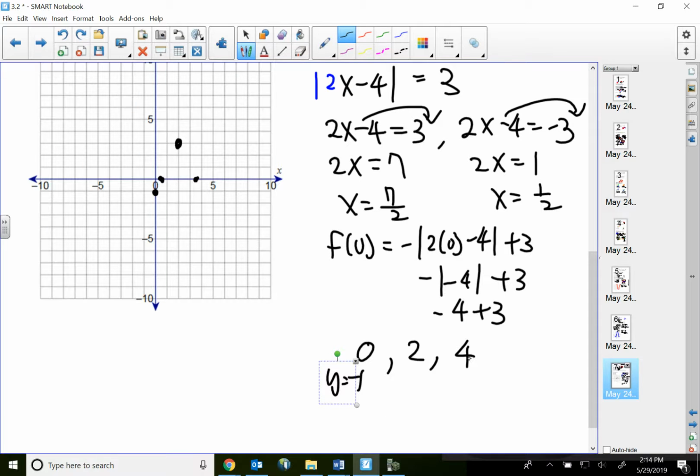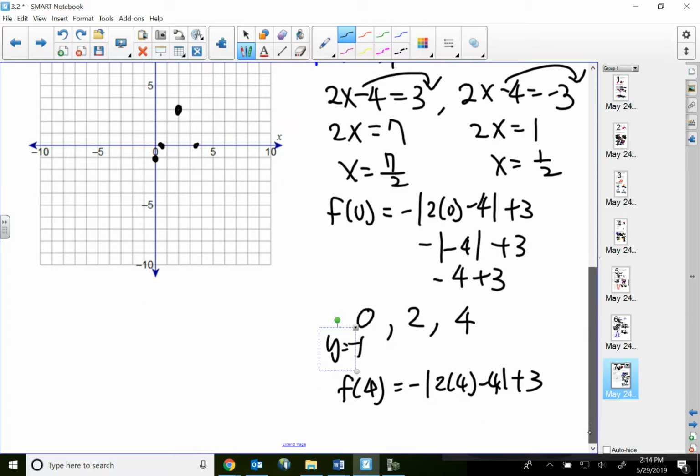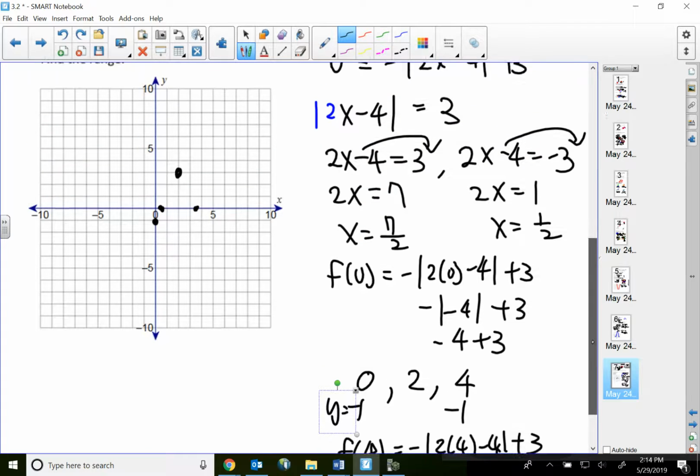When we pick x equal to 4 and substitute 4 into the function, that'll be negative absolute value of 2 times 4 minus 4, plus 3. That's 8 minus 4, which is 4. Absolute value of positive 4 is still 4, with a negative 1 times in the front, so it becomes negative 4 plus 3, which is negative 1 still.